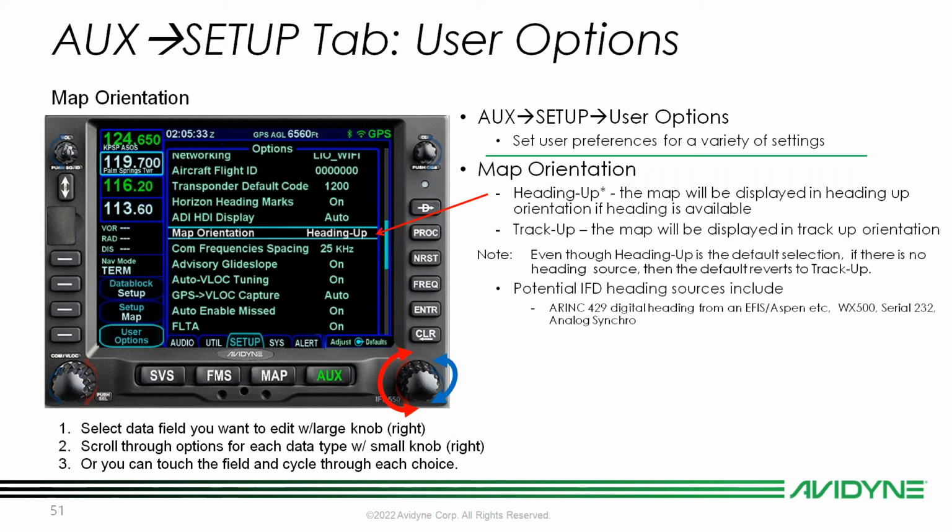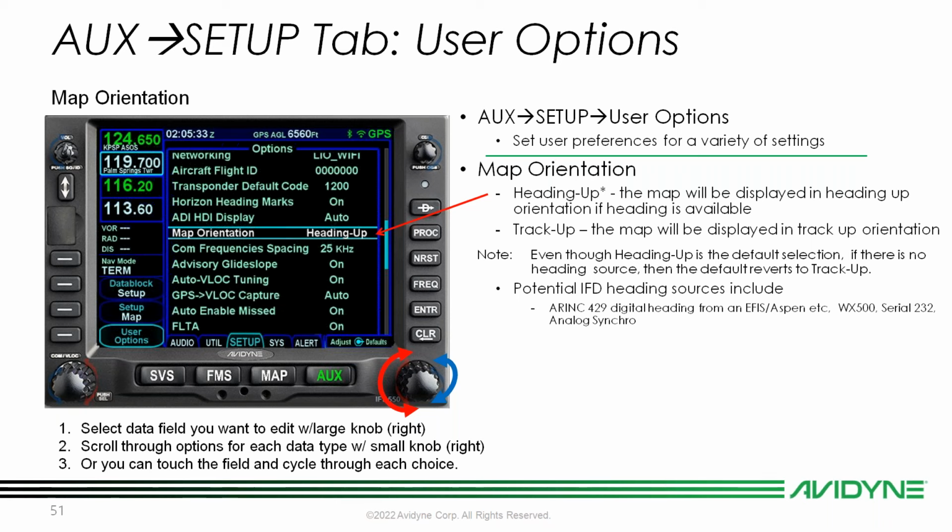Well, remember in a previous webinar, I explained that if you're in the map page and you push the lower right knob, it's going to toggle you through 3 different map modes. We're going to get north up, and we're going to get heading up in a 360 and then a heading up with a 270 arc view. That is what it means when we set this for heading up or track up. That's going to be the difference between the 2, right?